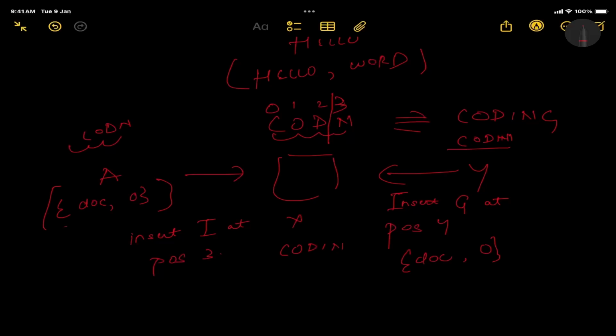Now the server sees Y's request that it wants to insert character G at position 4. The document version with Y is 0, but the latest version at the server for that document is already 1. So first it will send that write to user Y, saying you should first have CODING as the string.